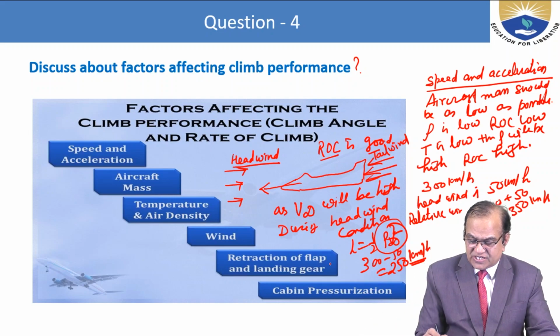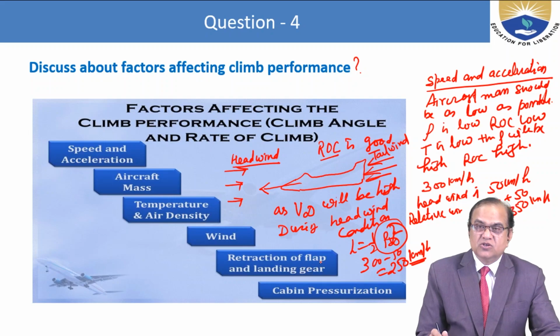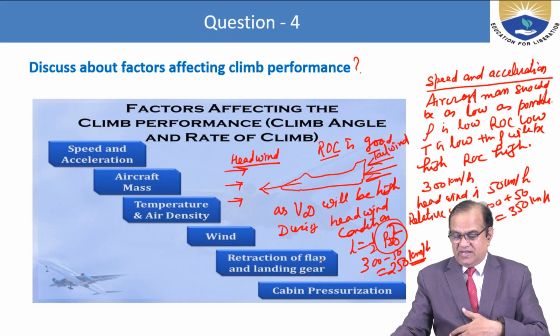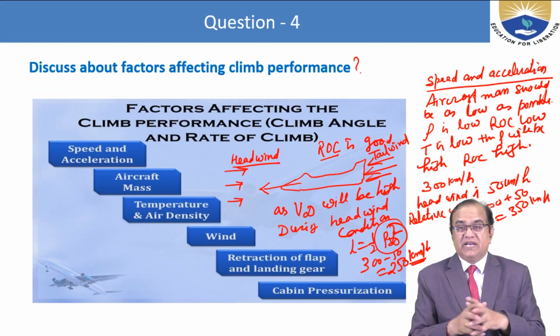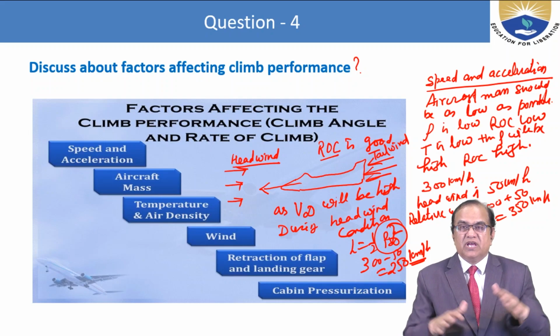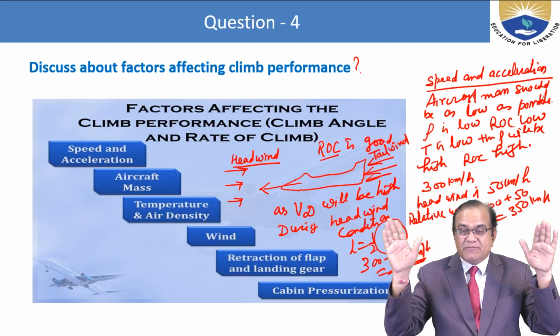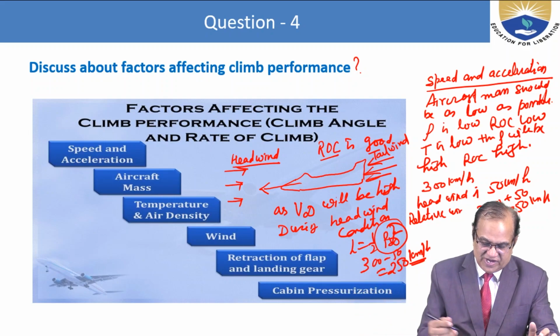Next point is the retraction of the flap and the landing gear. If the landing gear is fully out, then there will be a lot of drag and the lift will be reduced. If you want to lift up, flaps should be down. If you are making it down, then the angle of attack is increased.